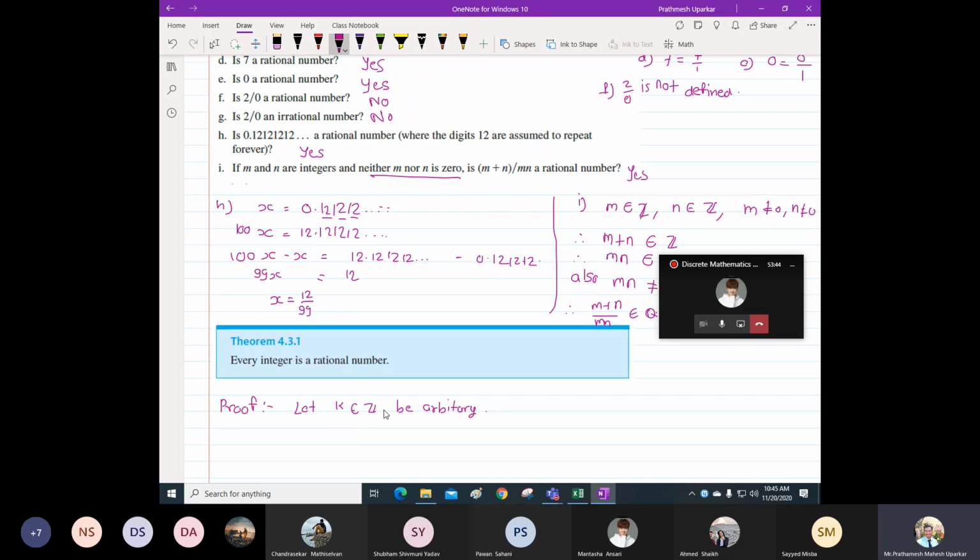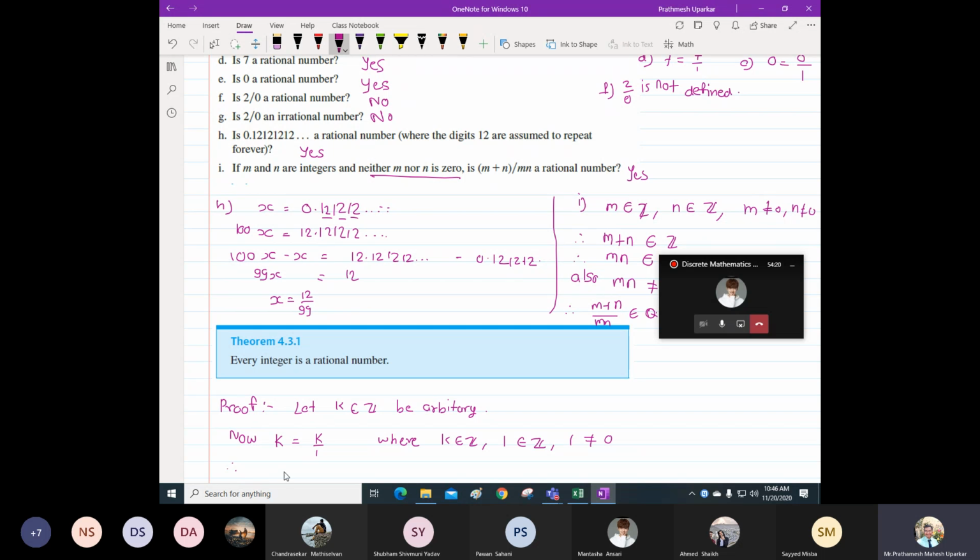So I picked any one element, closing my eyes, that is k belongs to z. Now I can write k is equal to k by 1. Yes, where k belongs to the set of integers, the numerator belongs to the integers, the denominator belongs to the integers, and the denominator is not equal to 0.